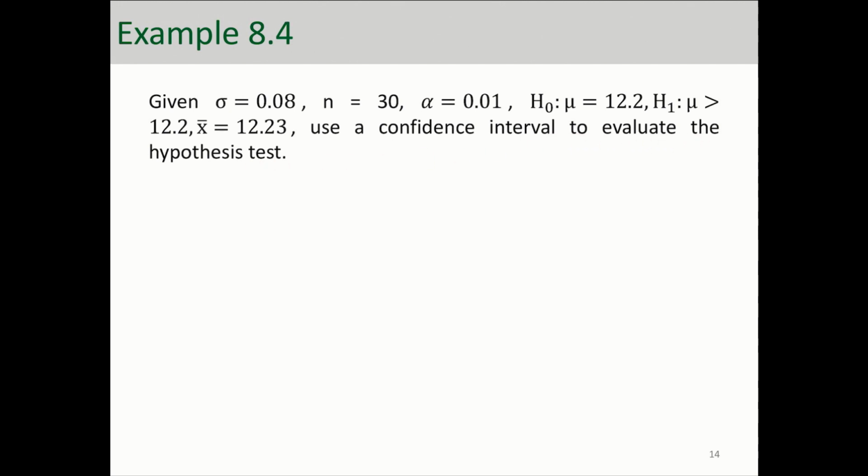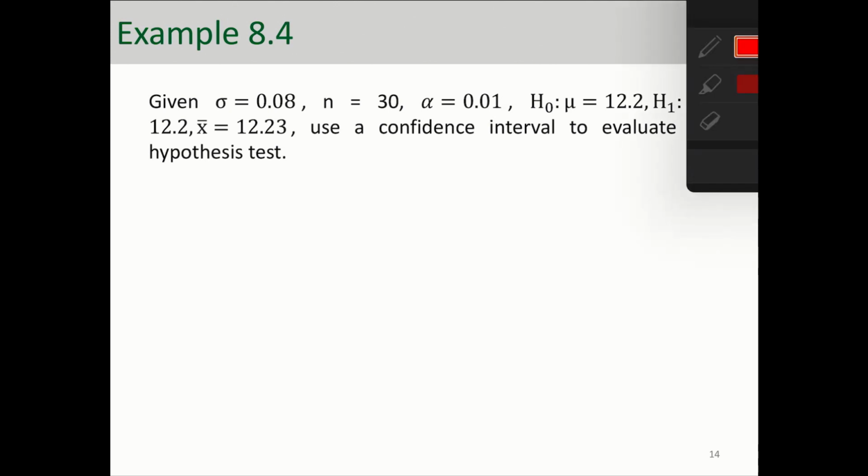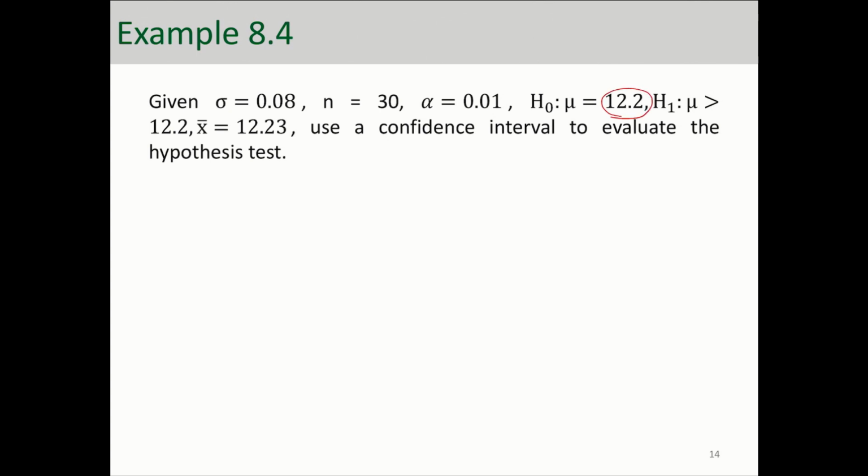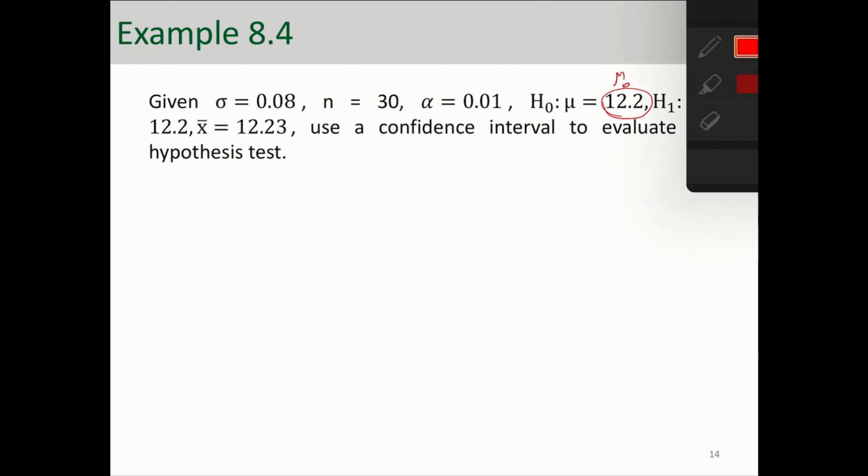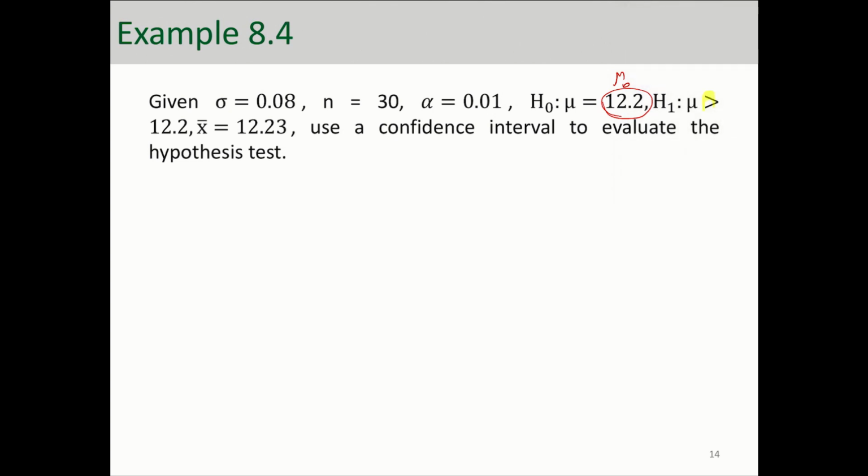So here we have everything that we need about a hypothesis test. First, we know our mu naught, and we also know that our test is a one-sided hypothesis test.